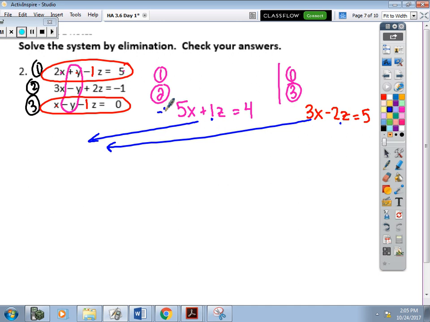So I could multiply this whole equation by a negative 2, which will get me negative 10x. Oh, not a negative 2, I'm sorry, a positive 2. We want them to have different signs. So 10x plus 2z equals 14. Just copy this one down below.